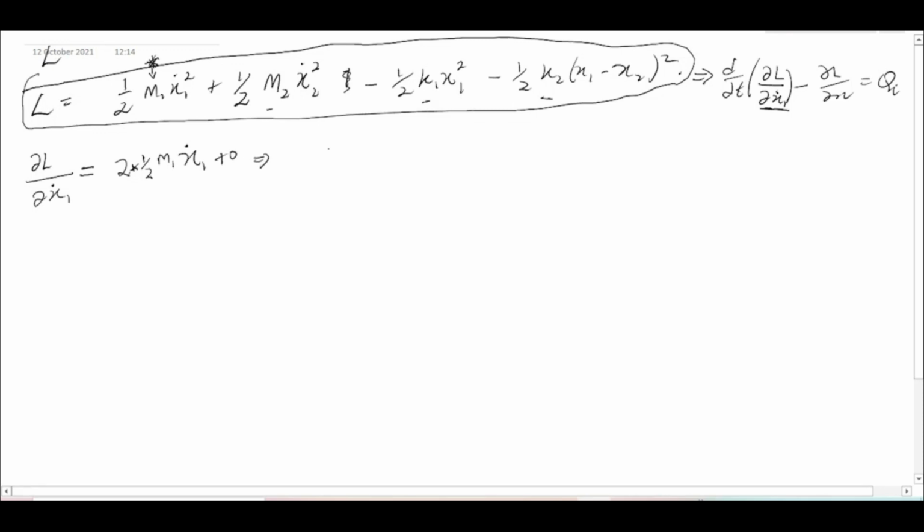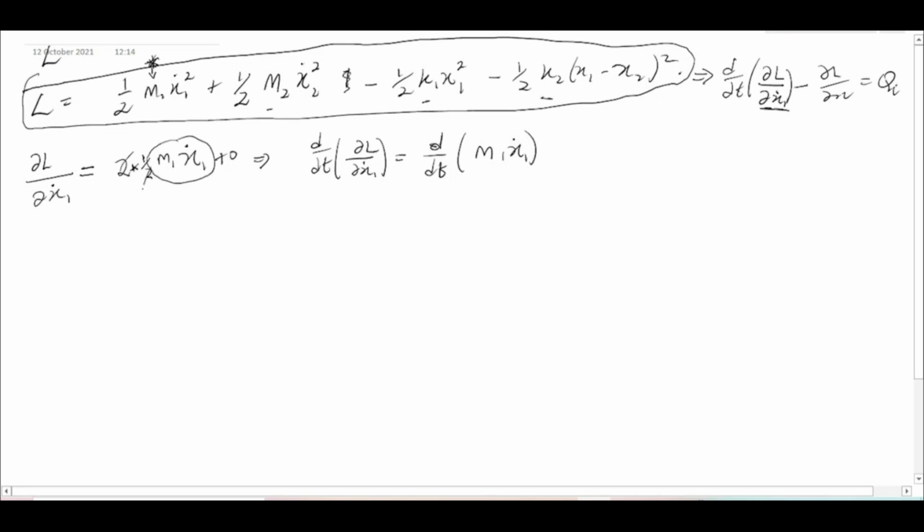This implies that if you are to differentiate dL/dx1 dot with respect to time, that's differentiating this, so we're going to get d/dt of m1 x1 dot. Let's not forget that dL/dx1 dot is this term.